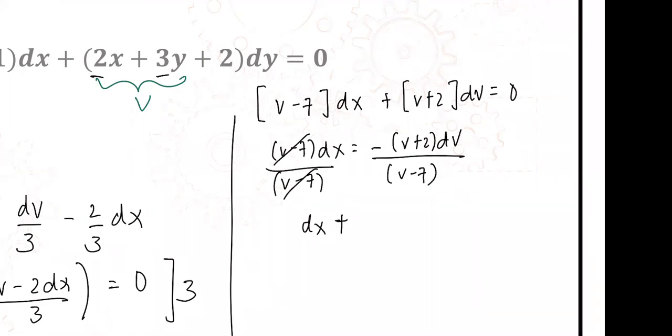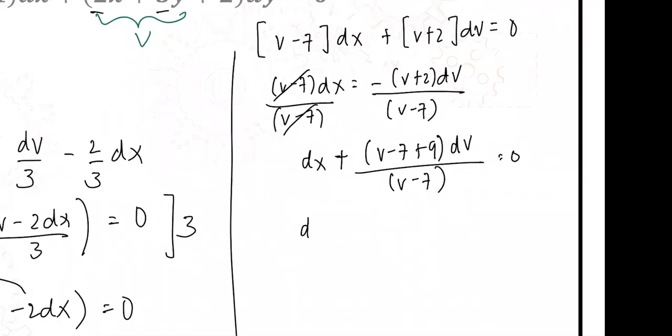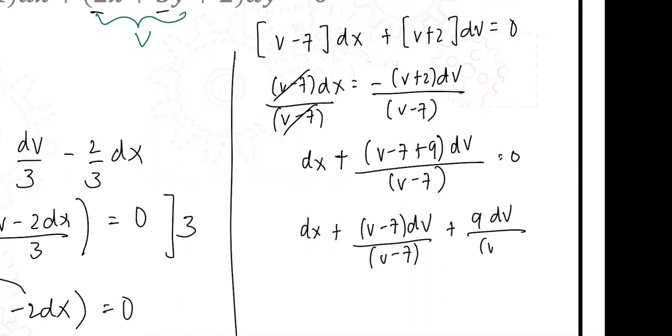So, para magkameron ng v minus 7, so, yan ulit natin, ano? Algebraic manipulation. Okay? Is equals to 0. So, dx plus v minus 7 dv over v minus 7 plus 9 dv over v minus 7 is equals to 0.